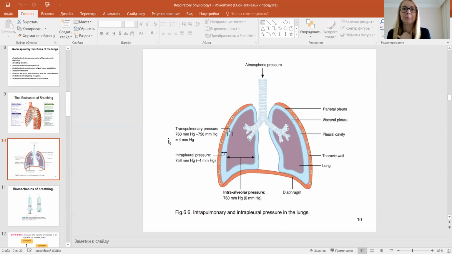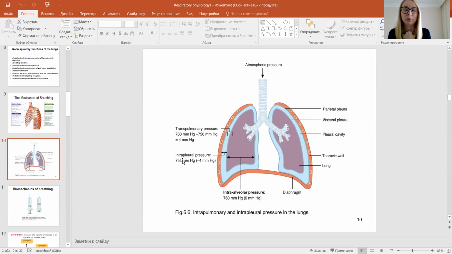Next one is intra-alveolar pressure, which is the air pressure inside alveoli. And it has been fluctuating during breathing cycle, plus minus 1 millimeter mercury. So it is equal to 759 millimeters mercury approximately.